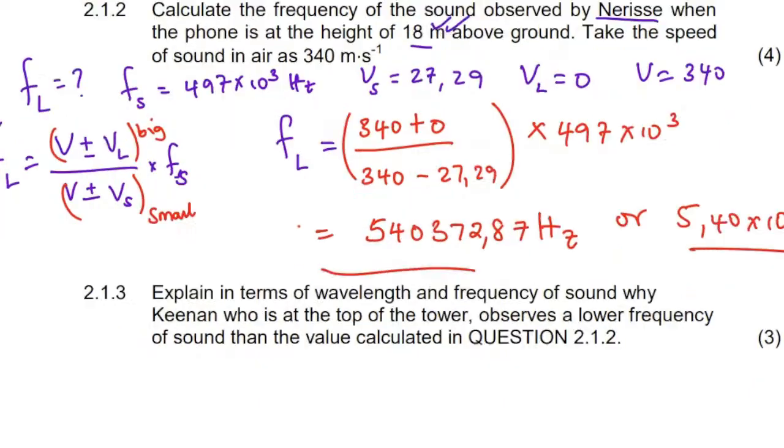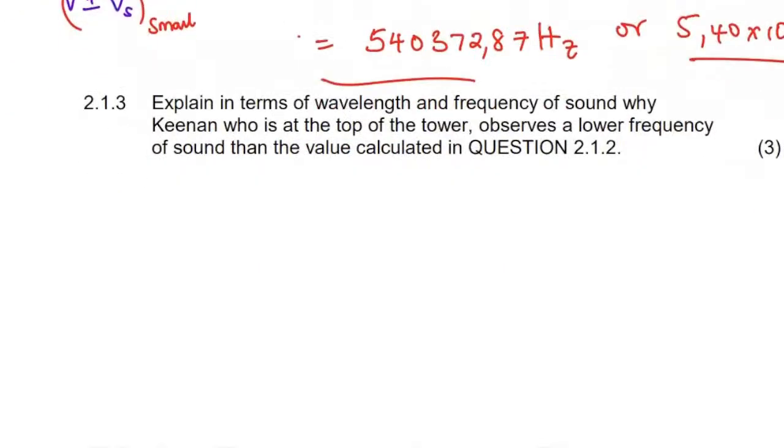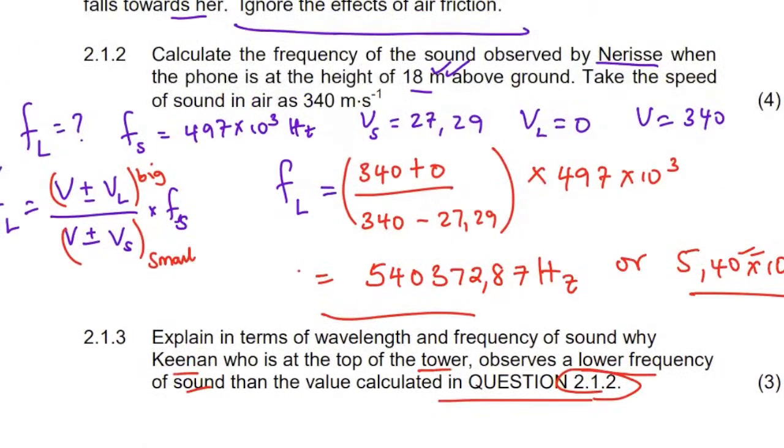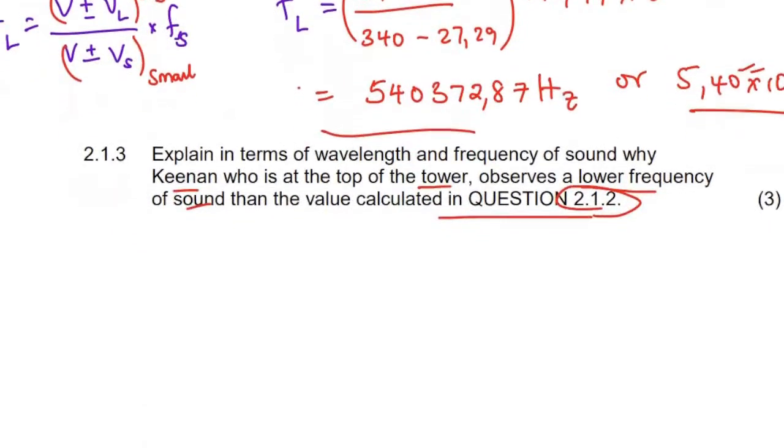Then 2.1.3: explain in terms of wavelength and frequency why Kenan, who is at the top of the tower, observes a lower frequency of sound than the value that is calculated in 2.1.2. Why does he observe a lower frequency?